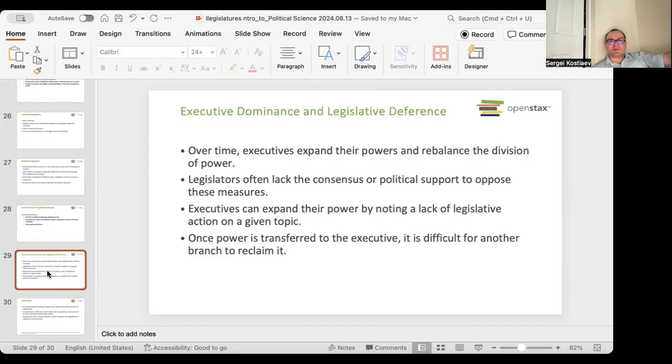He calls his invasion in Ukraine a special military operation. I guess he borrowed it from United States, which called its wars in Afghanistan, in Vietnam, special military operations. Congress did not declare war against those countries. So once legislature gives up a particular power to executive branch, it usually doesn't get it back.